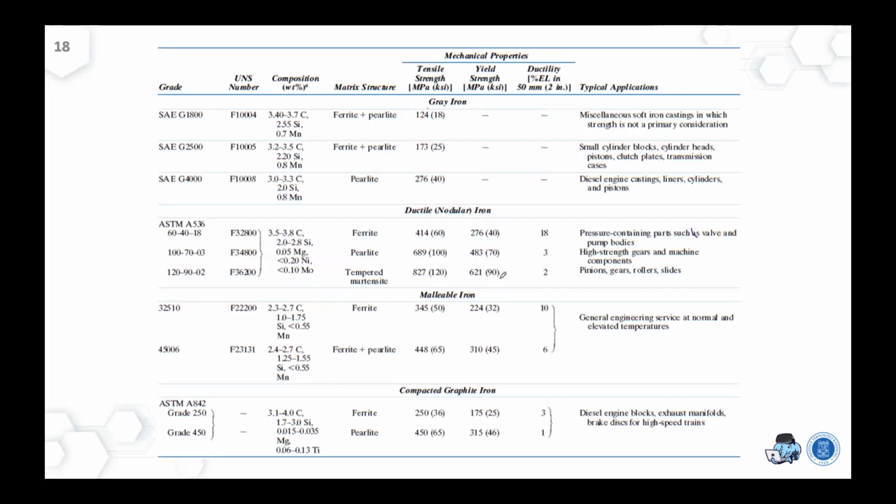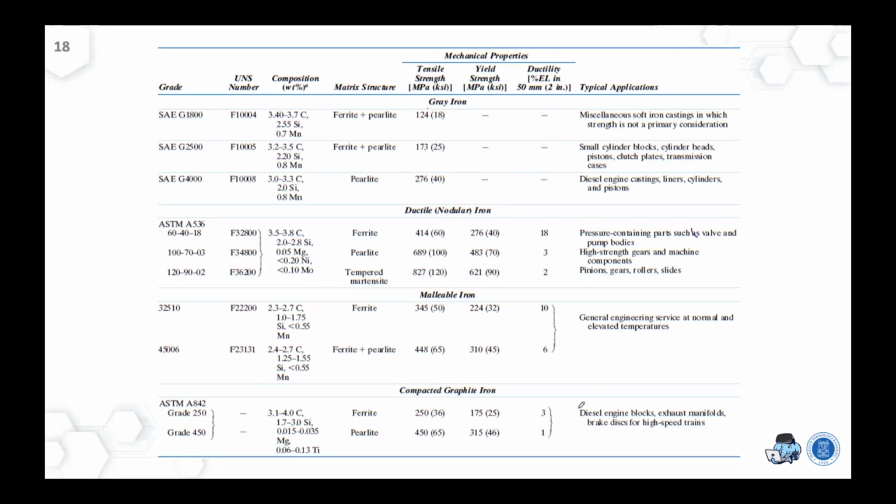Okay, so cast iron can only be cast, hanya bisa dicetak. You can see the matrix microstructure of ferrite and pearlite here. The tensile strength depends, but it is relatively similar to steel, and sometimes harder, up to 800.